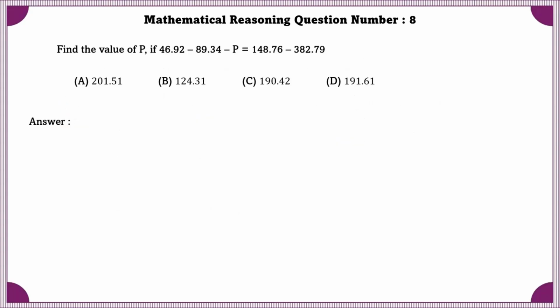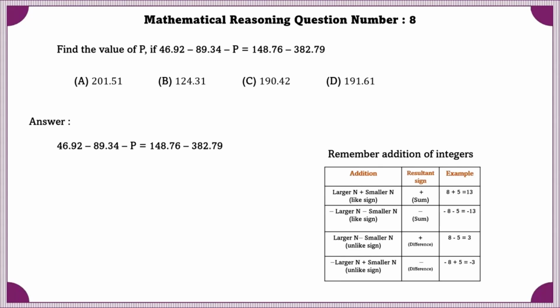Mathematical reasoning question number 8. Find the value of P. If 46.92 minus 89.34 minus P is equal to 148.76 minus 382.79. First, let us remember the addition of integers. Now here 46.92 minus 89.34.